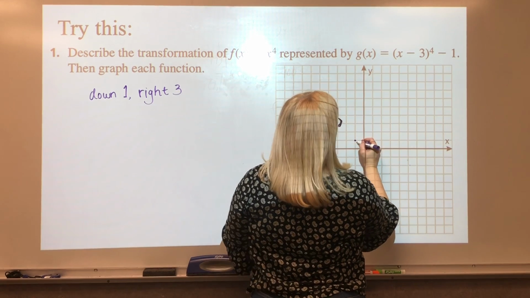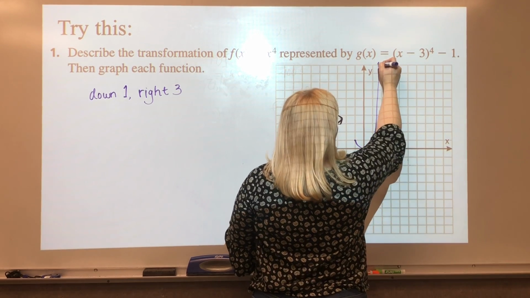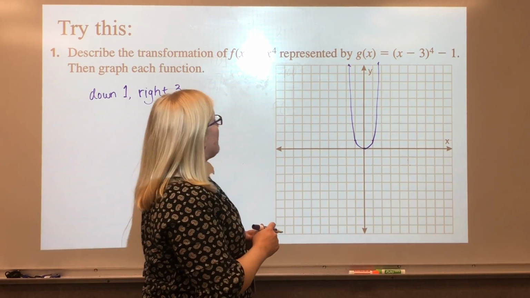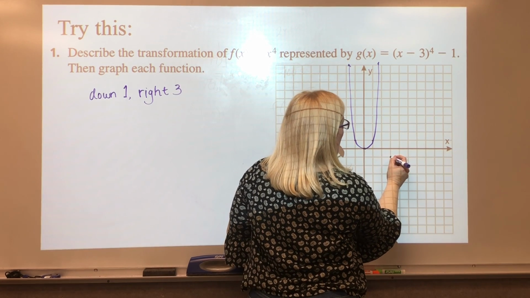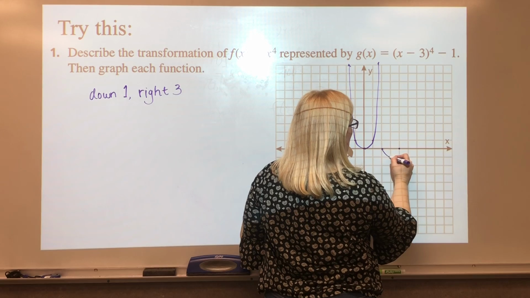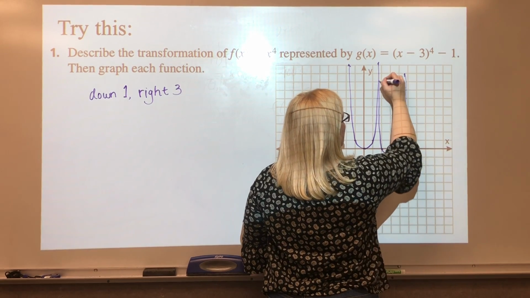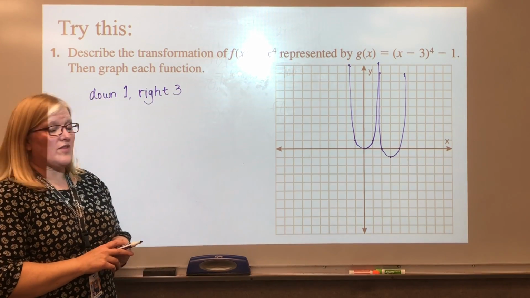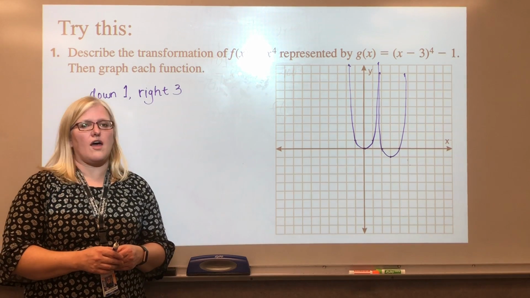Then it gets really, really big, really, really fast. Now if I go to the right 3, 1, 2, 3, and I go down 1, then I can draw similar coordinates. Okay, so that's what that looks like. And this I need to do more on the next video.